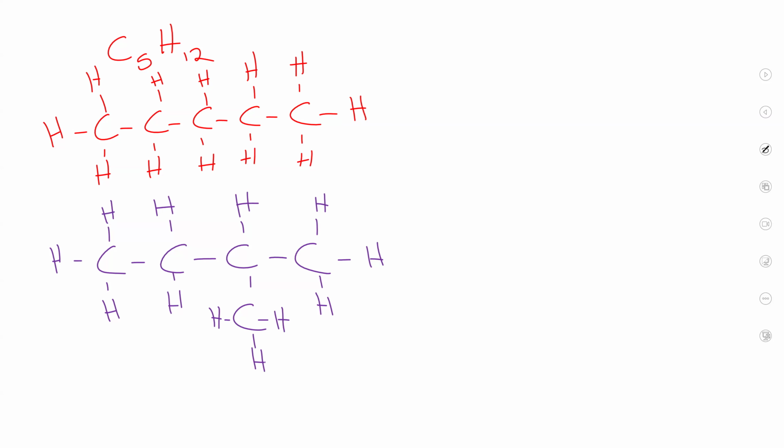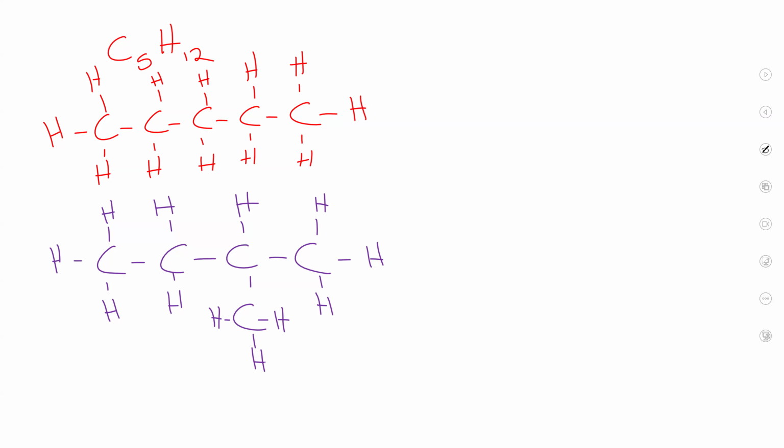What about 4 carbons in a row and putting the carbon on this one? That would be the same thing flipped, right? So we can have 5 carbons in a row. We can have 4 carbons in a row with a carbon attached to the second carbon.